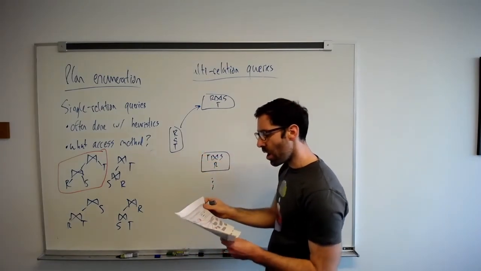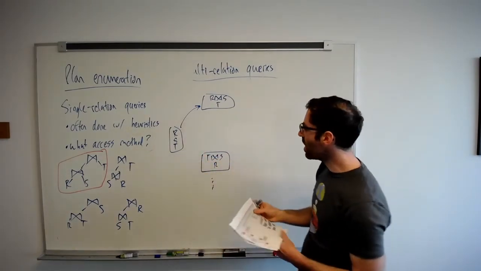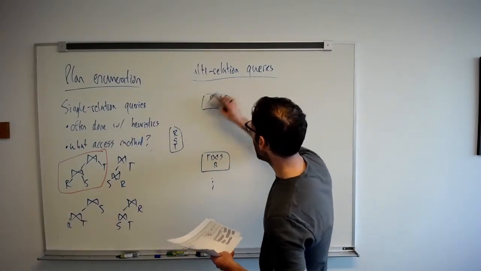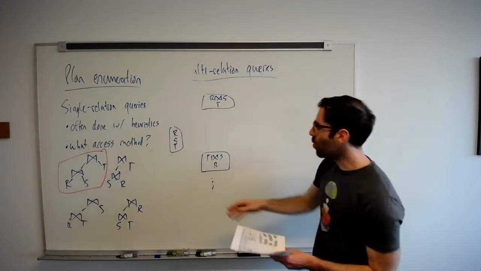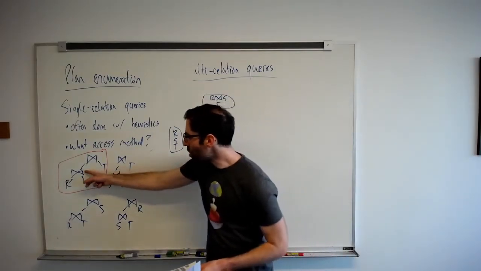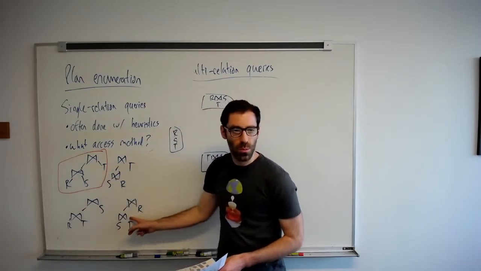And so for each of these possible orderings, we're looking at this first step of the plan. So this is like what should this first node be?